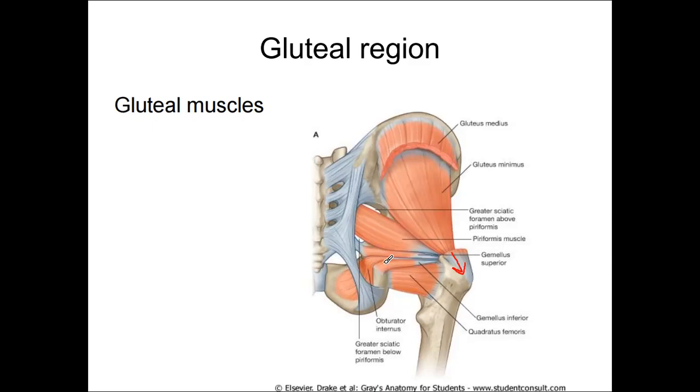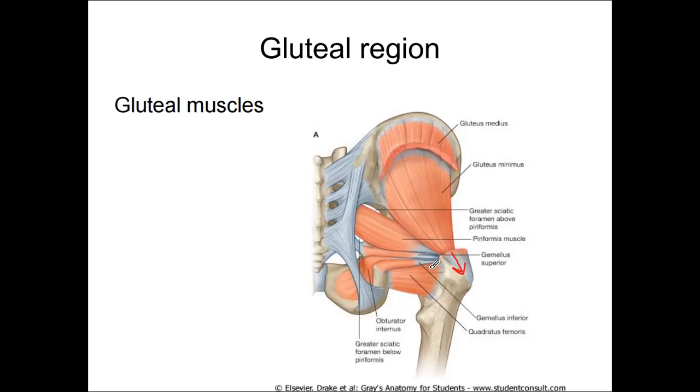And then also we have the obturator internus muscle. Looking at the obturator internus, coming from the obturator foramen at that point, the obturator internus muscle is coming from the inner surface of the obturator membrane, and then it's attaching as well on the greater trochanter. So we see the common thing there is the greater trochanter.